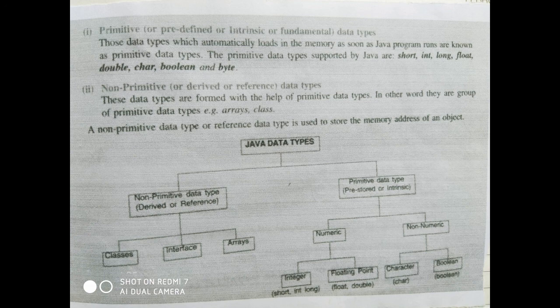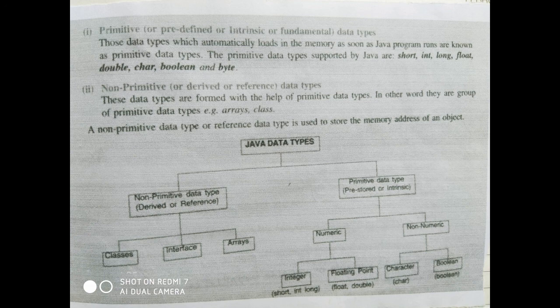Now we will see the flow chart of how the data types are divided into different groups: primitive data types and non-primitive data types. Non-primitive data types are divided into three. The examples of non-primitive data types are classes, interface and array. The primitive data types are divided into two groups: numeric and non-numeric.